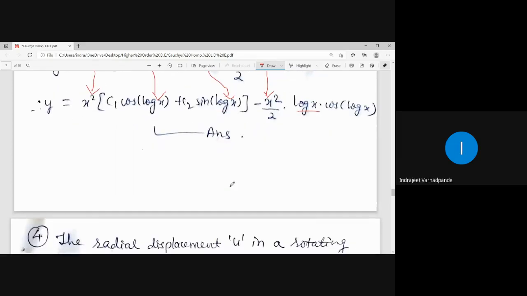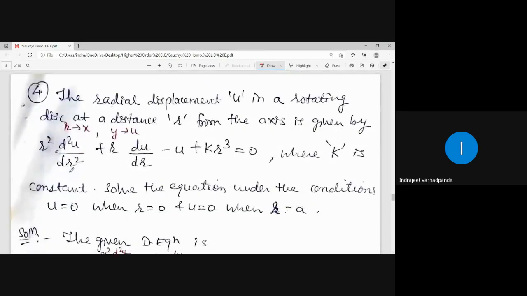The next one is: the radial displacement u in a rotating disk at a distance r from the axis is given by r square d2u by dr square plus r into du by dr minus u plus k r cube is equal to 0, where k is constant.